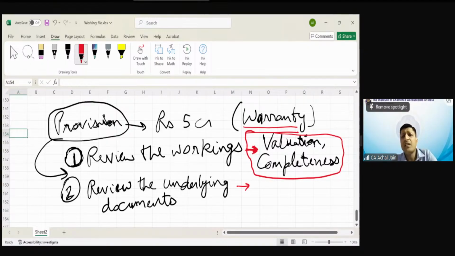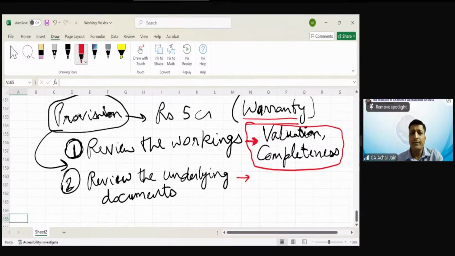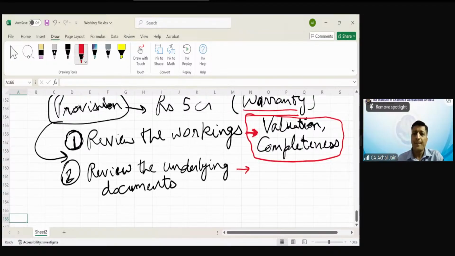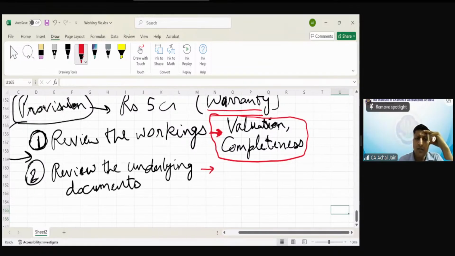Can you tell me which assertion will get covered through this second procedure? So when you review the underlying documents, what are the assertions which are getting covered? Over to you. Tell me quickly. What are the assertions which are getting covered through this?